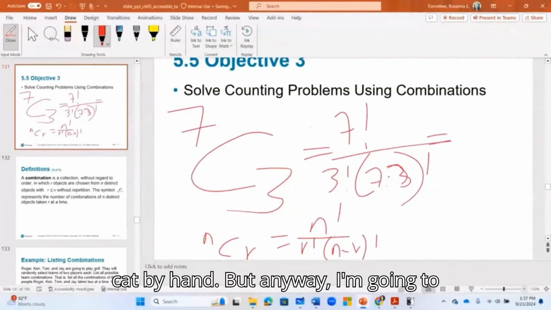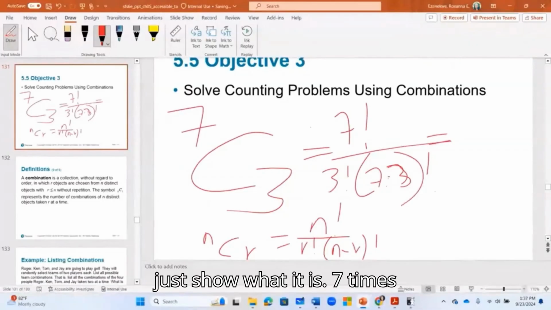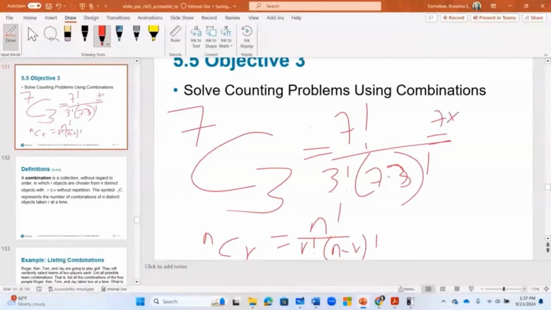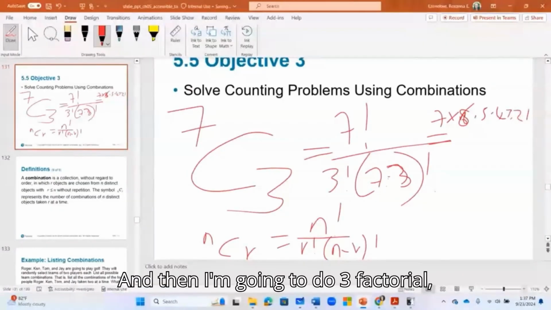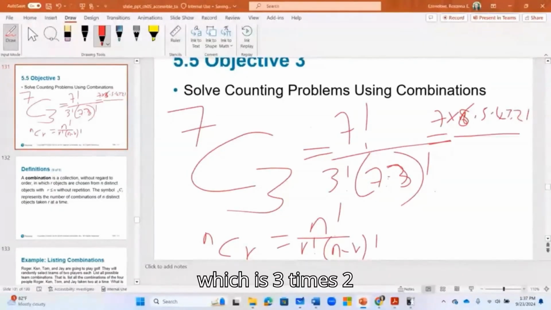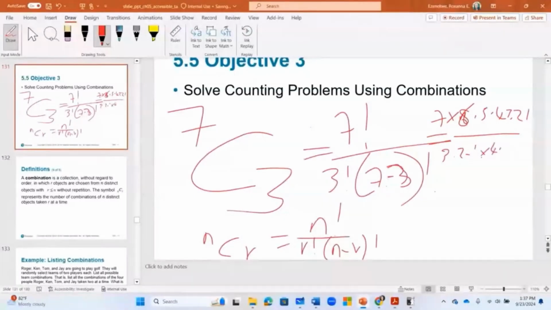But anyway, I'm going to just show what it is. 7 times 6, 5, 4, 3, 2, 1. And then I'm going to do 3 factorial, which is 3 times 2 times 1. 7 minus 3 is 4, times 4 times 3 times 2 times 1.